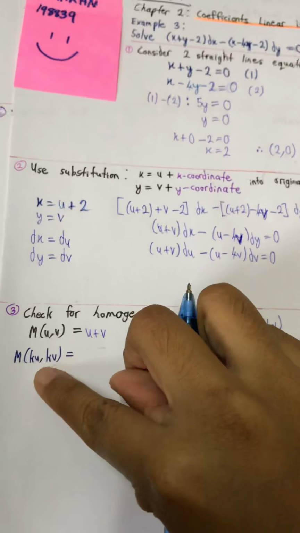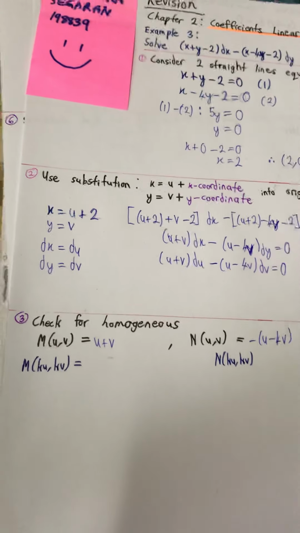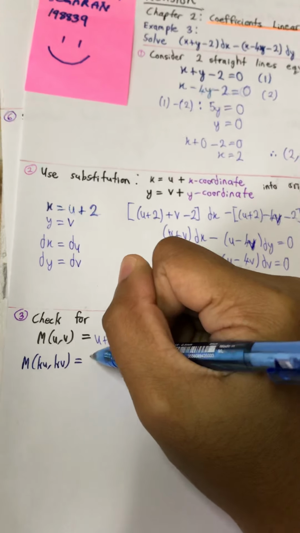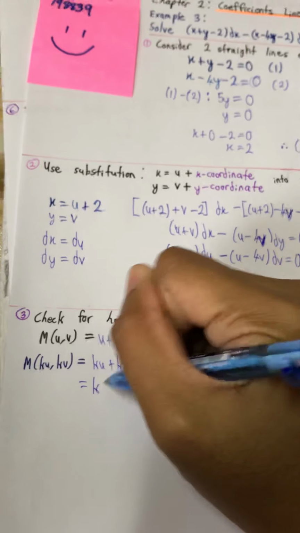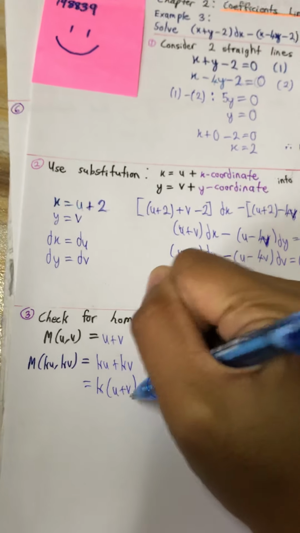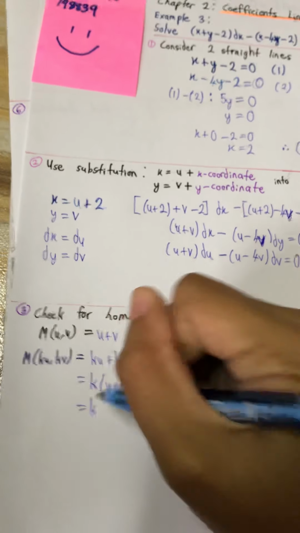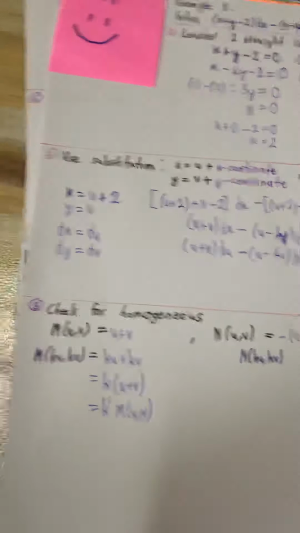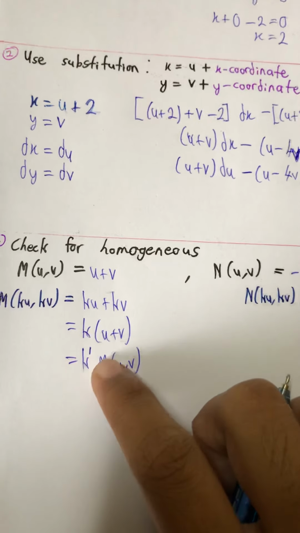We will just substitute u with ku and v with kv, then extract out the k and see the power of k. So we get ku + kv, and we can factor out the k, so u + v here is the M. So we get k to the power of 1 times M(u,v). So here the M is homogeneous of degree 1.